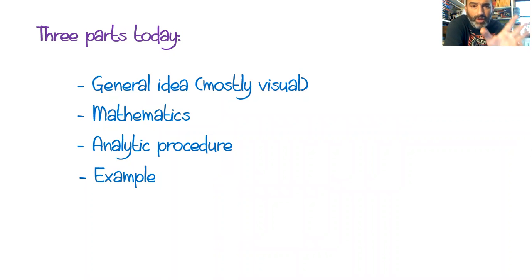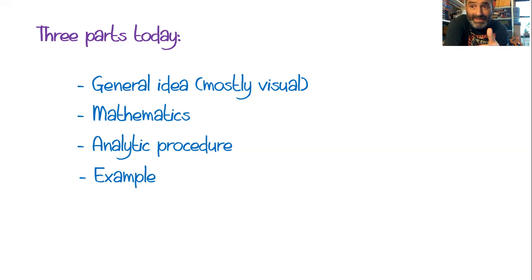So first, I'm going to make it clear to you, hopefully, what analysis of variance does. What's the point of it? What's the aim? What's the general logic behind it? And then I'm going to show you the mathematics, how to do the calculations, what they mean. There are going to be new terms, though none of them will be new as such.